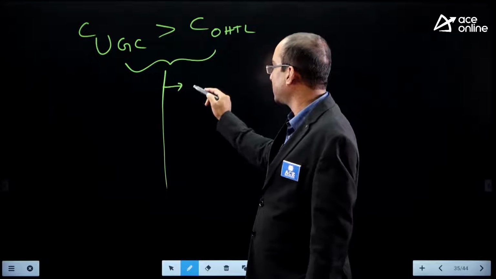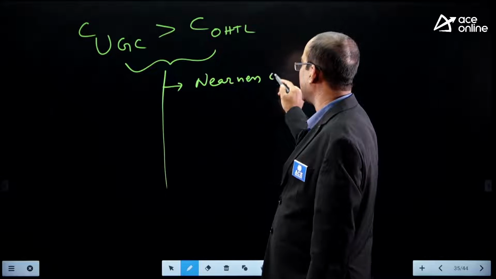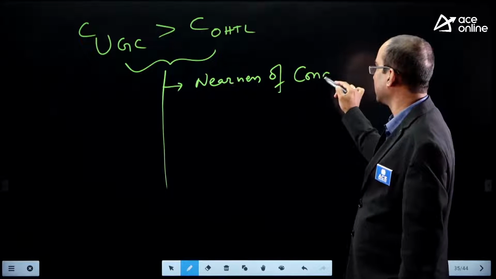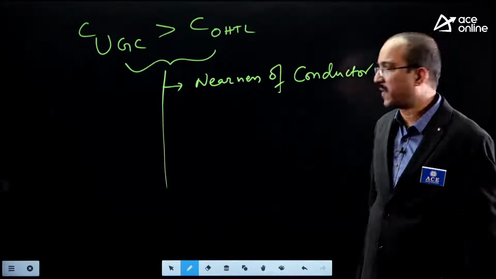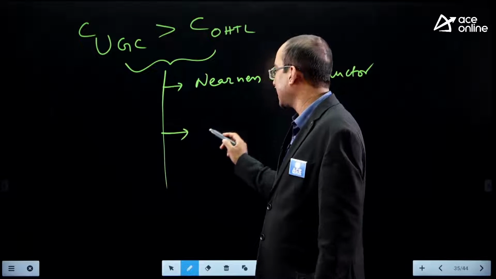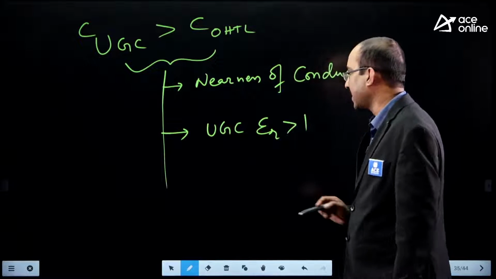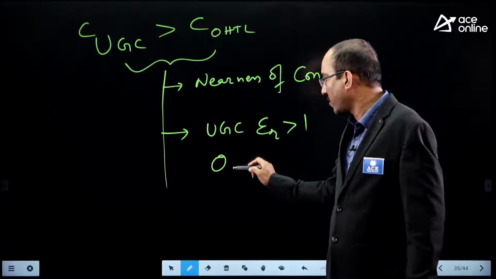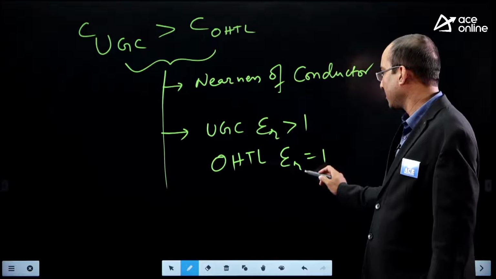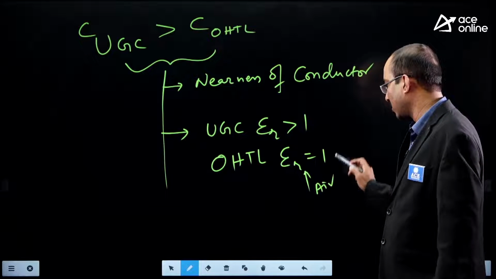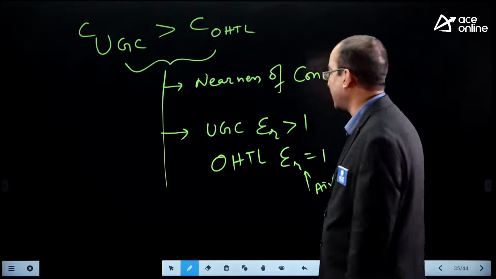Because the conductors are closely spaced in an underground cable, and the relative permittivity is greater than 1, whereas in an overhead transmission line the medium is air, where the relative permittivity is 1.